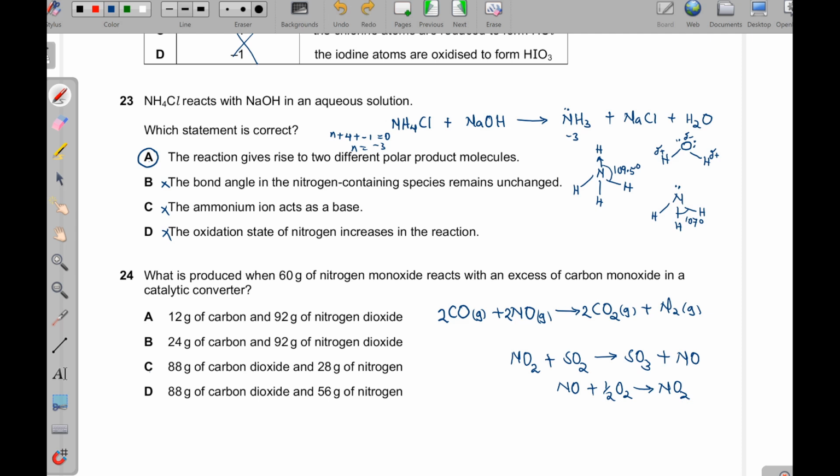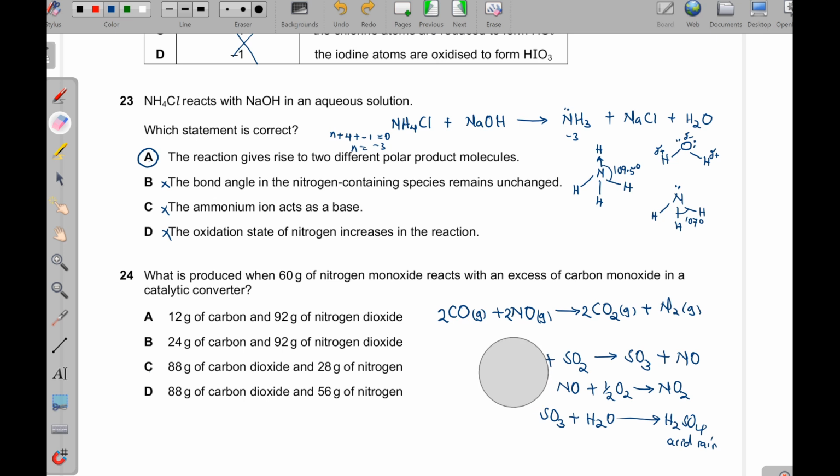Now the process continues, but the sulfur trioxide formed here is going to react with water, and then it forms sulfuric acid. This one is going to give you the acid rain. You see that? So this reaction in the catalytic converter helps to curb this problem of acid rain, because the nitrogen that is produced here is inert, first of all, and it is not dangerous.